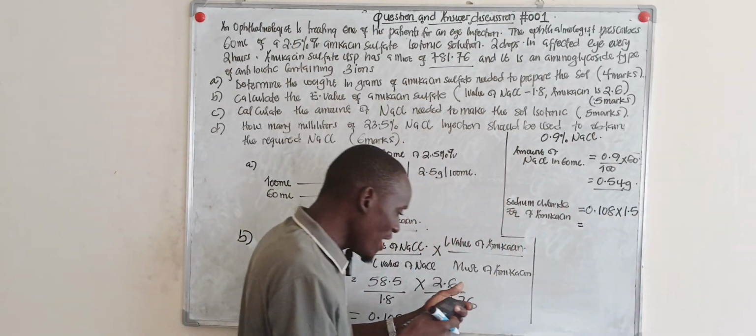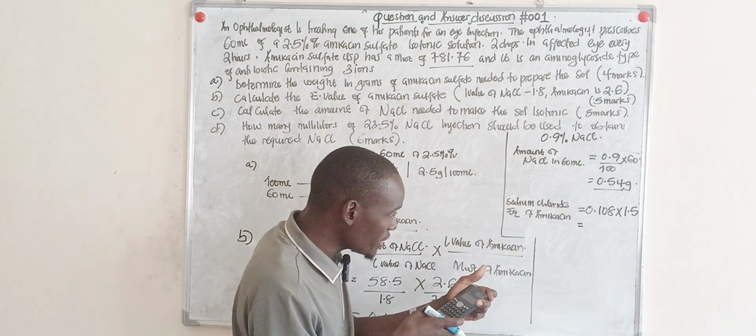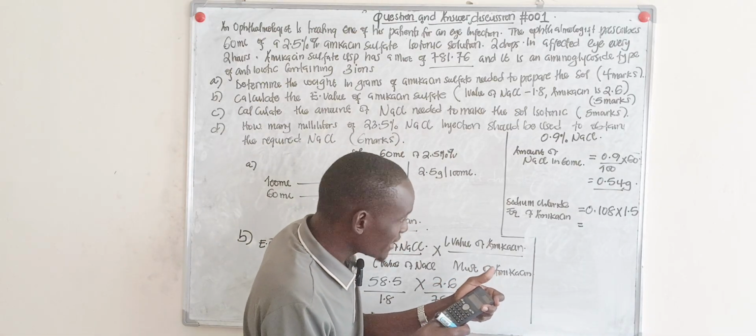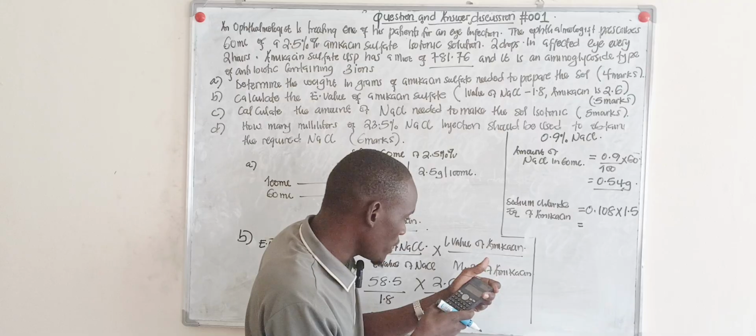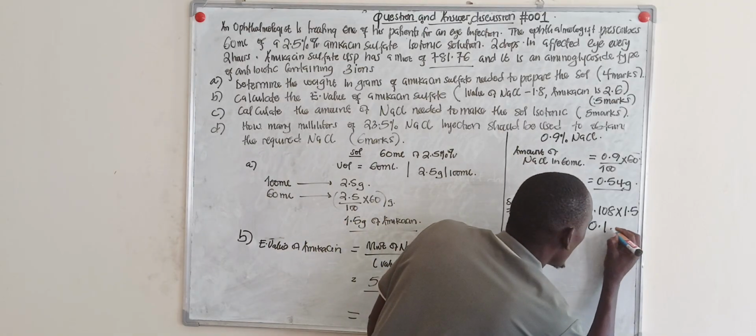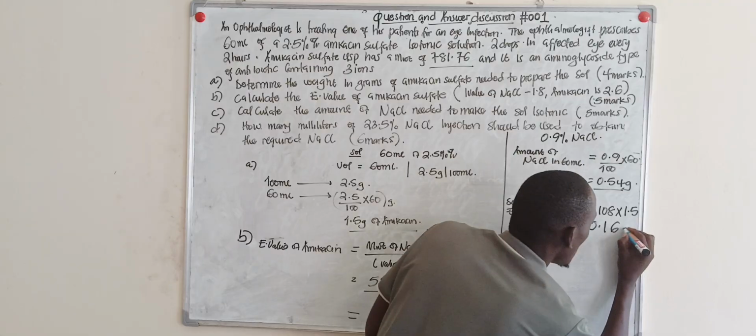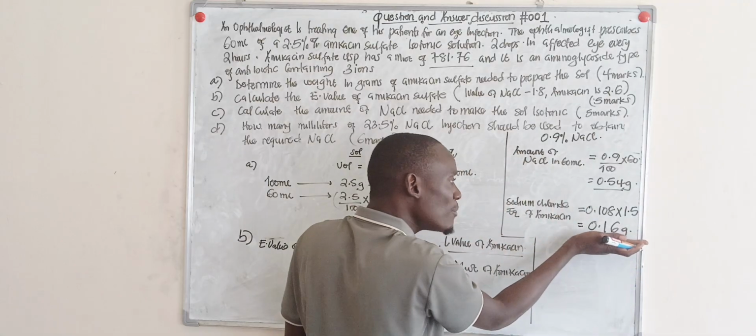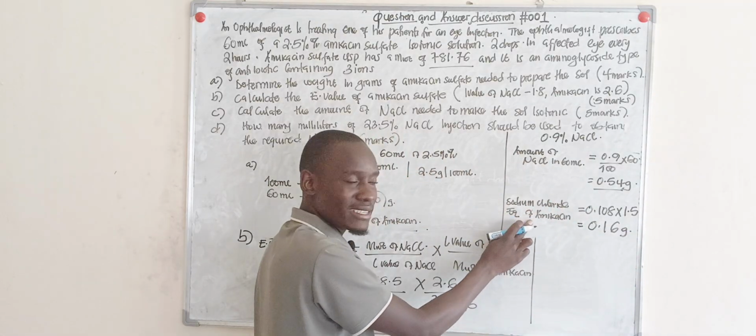So when we multiply that, 0.108 times 1.5, this will give us 0.16 grams. So this is the sodium chloride equivalent of amikacin sulfate.